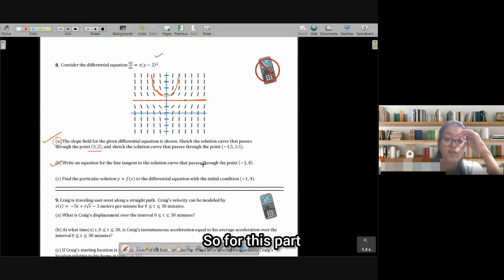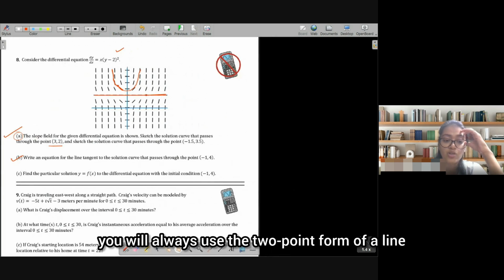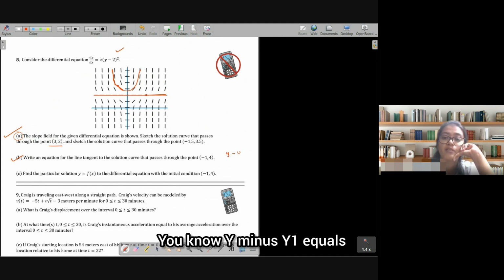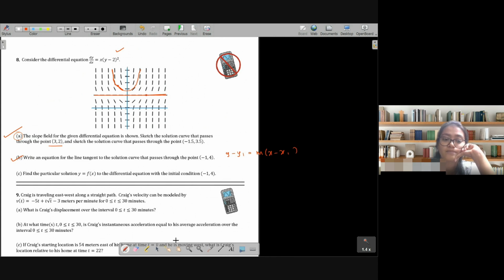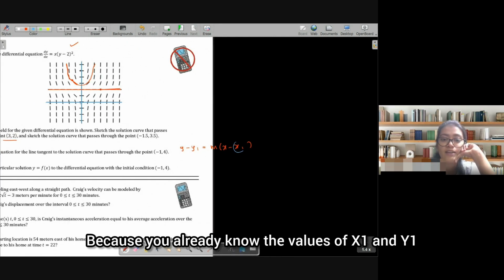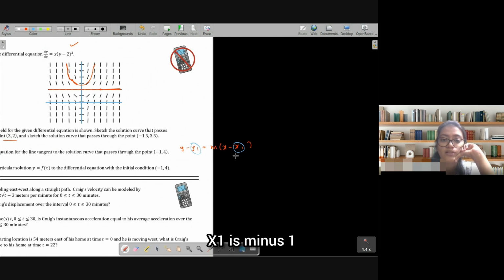Okay, so for this part, you will always use the point-slope form of a line. y minus y1 equals m times x minus x1. Because you already know the values of x1 and y1. x1 is -1 and y1 is 4. This is x1 and this point is 4.